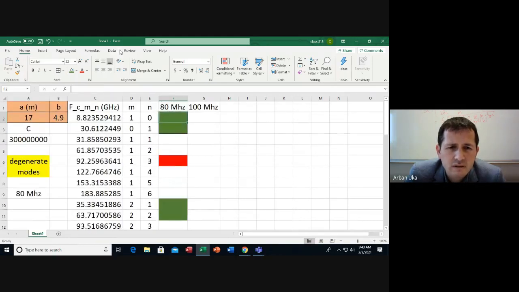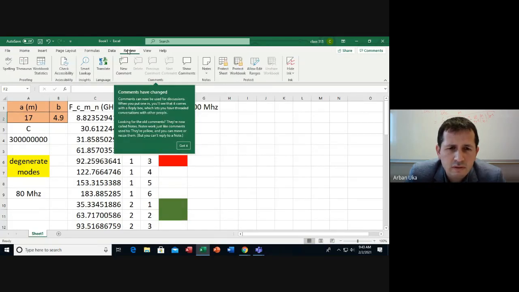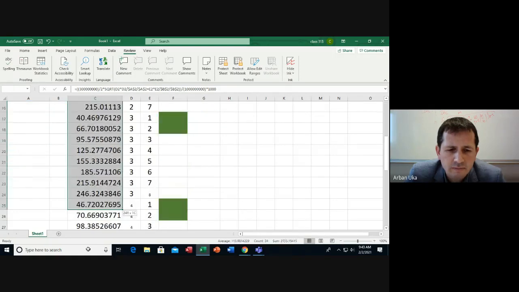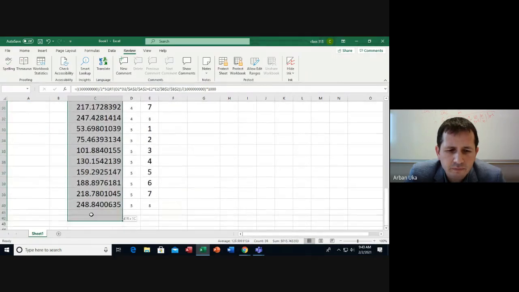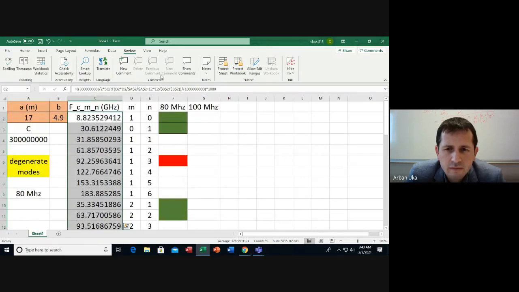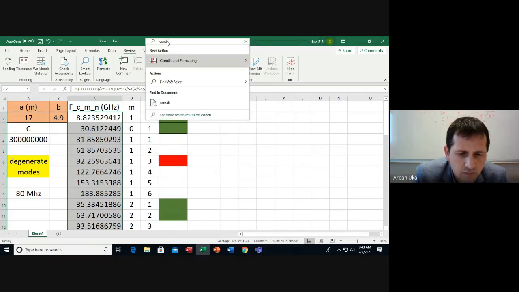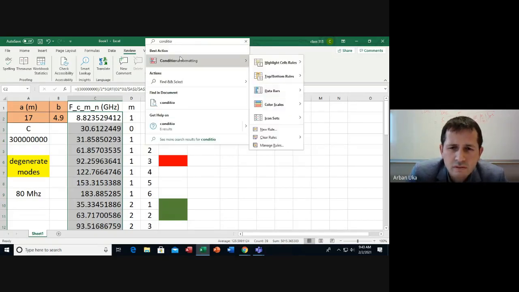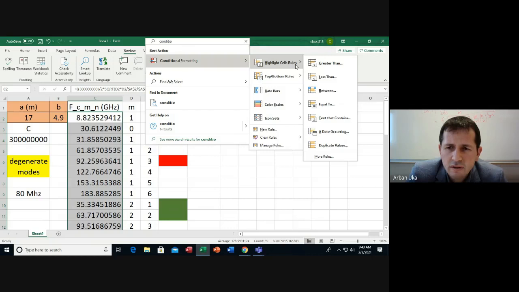Wait a second. Conditional formatting. Less than.